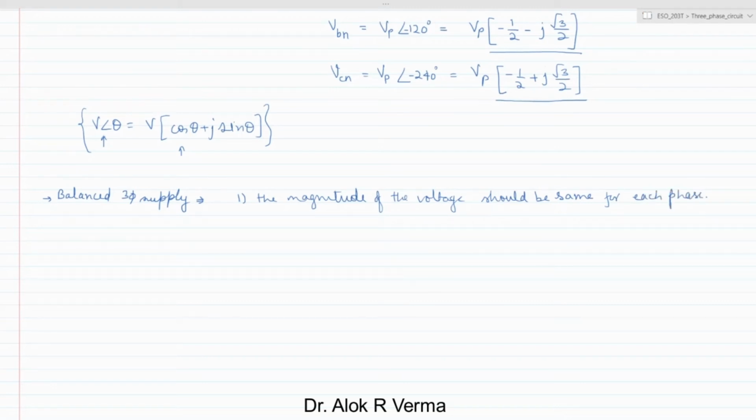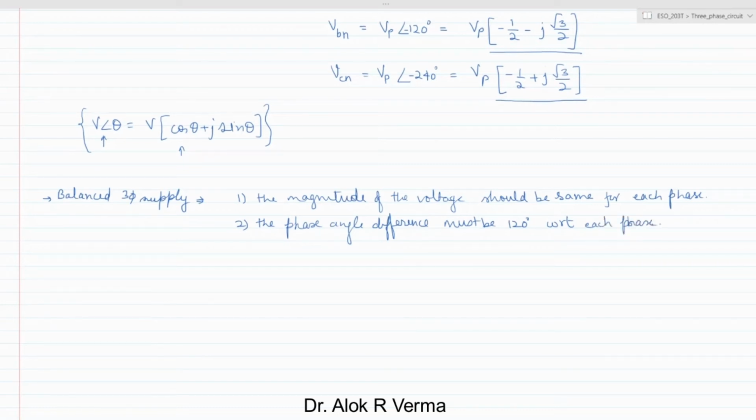The second is that the phase angle difference must be 120 degrees with respect to each other, for each phase.